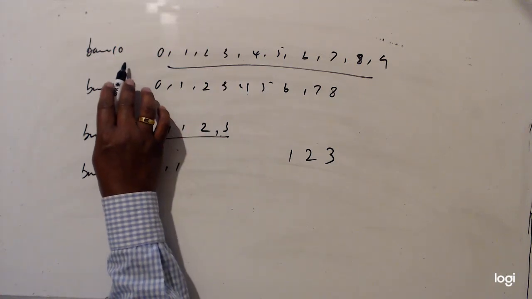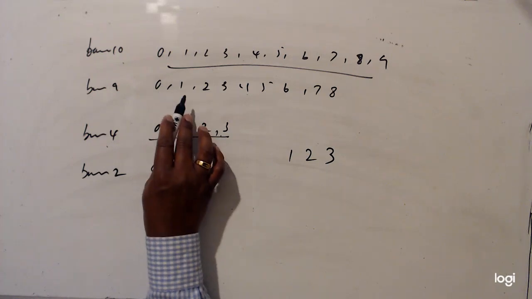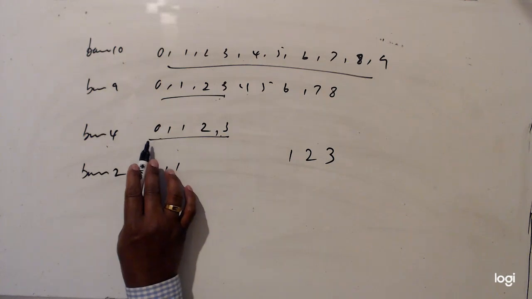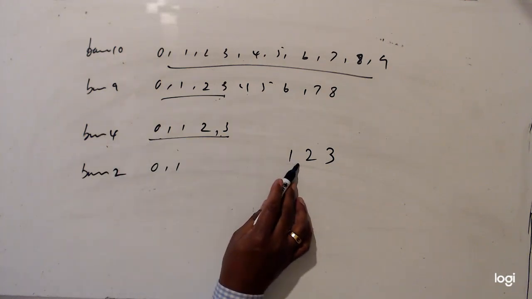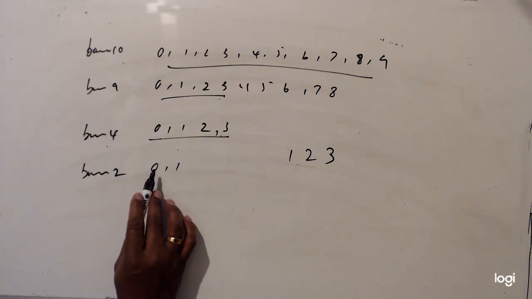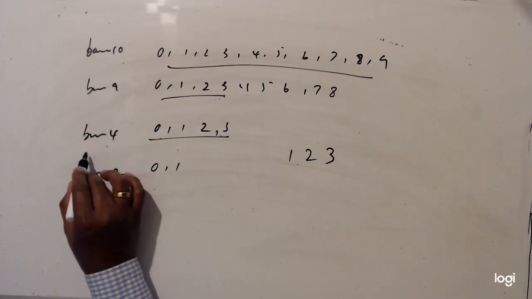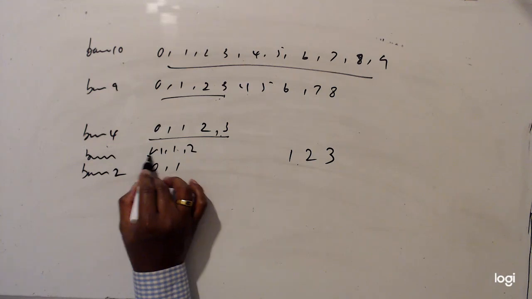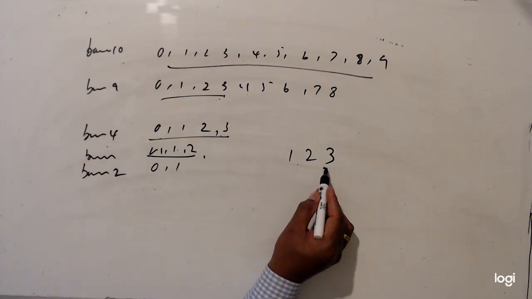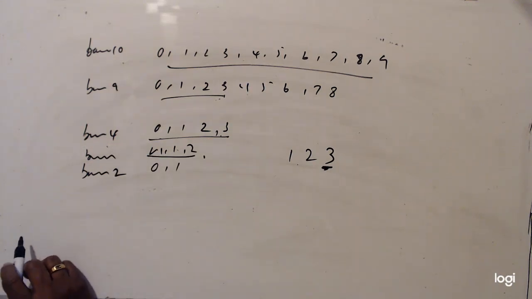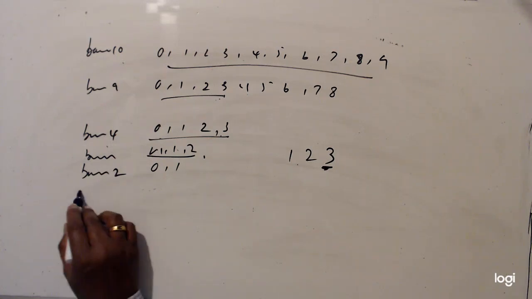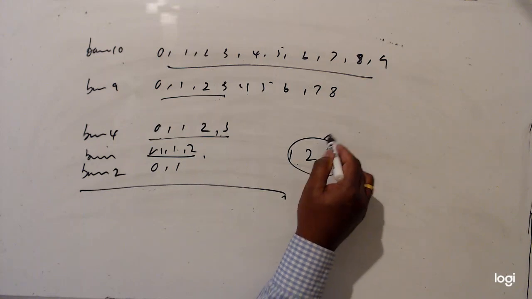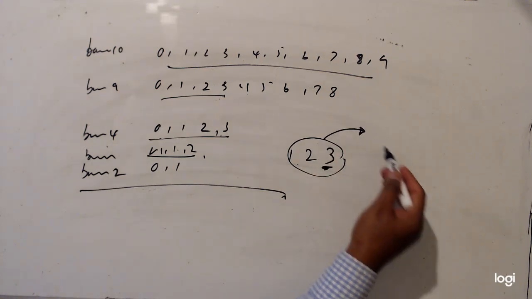It can be base 10, it can be base 9, and it can be base 4, but it can't be base 3, because base 3 means 0, 1, and 2, and there is a 3 here. This is a simple idea, and basically we can turn any number to any base.